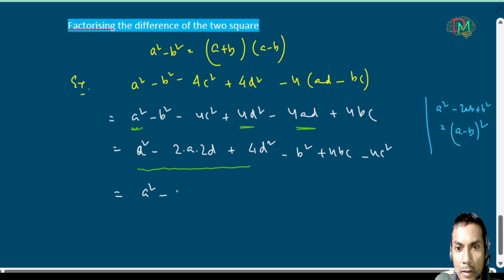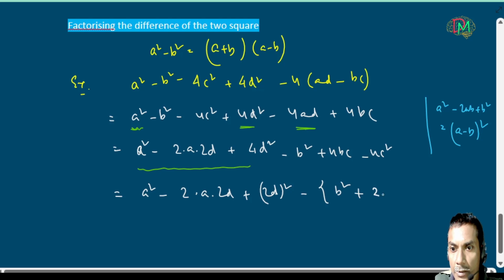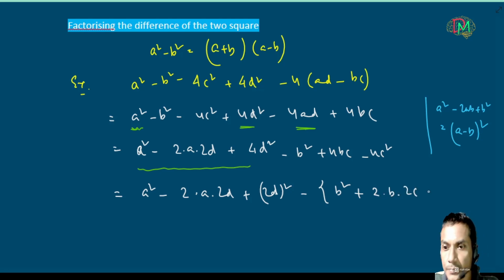So a square minus 2 into a into 2d plus (2d) whole square, minus, if we take the common here, b square plus 2 into b into 2c, sorry, minus 2c square. Clear?